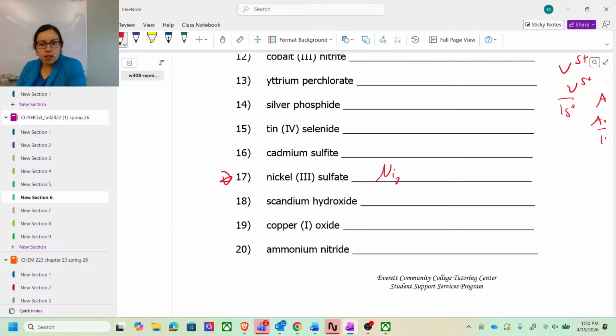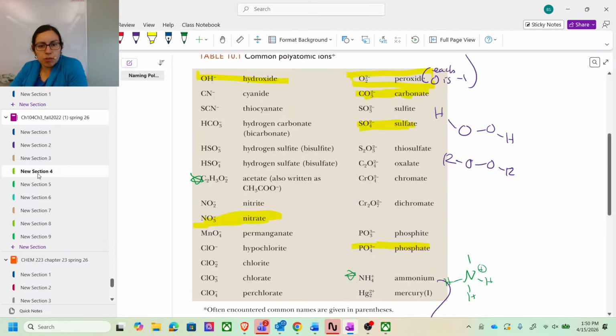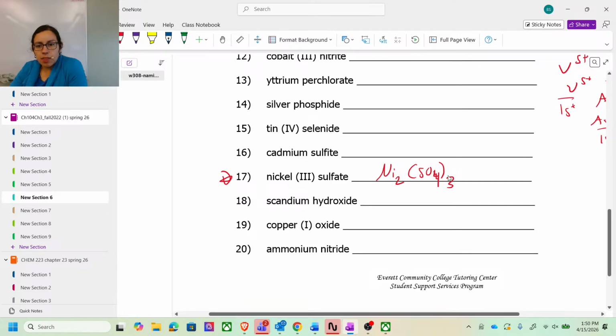So Ni2 and then sulfate, SO4, 3. That looks good. Again, just double check yourself. 3 times 2 is 6. Sulfate is -2, but again, let's go back to our sheet. So yes, sulfate -2, and -2 times 3 is -6, so that does work out.